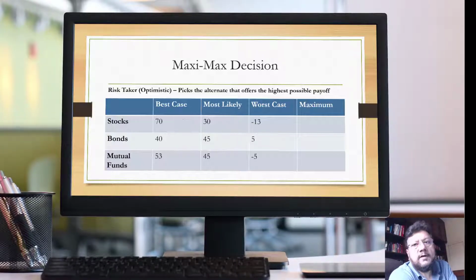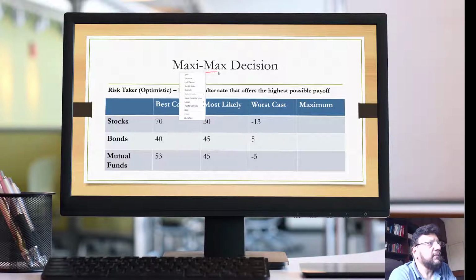So let's start with the optimistic person, so a risk taker. We would call this type of decision a Maxi-Max decision. Now, why is it called a Maxi-Max? I'll explain how that works. Whenever you look at these decisions, there's max and max. There's two maxes. So the first thing that you do is you get the maximum of all possible returns for stocks.